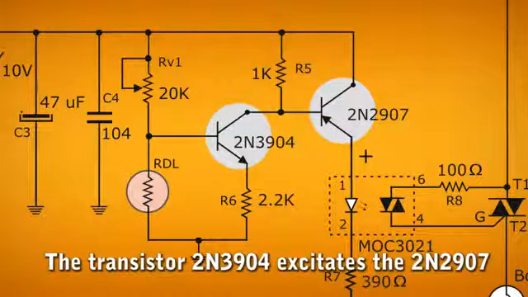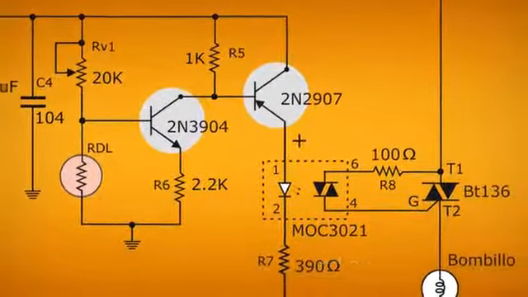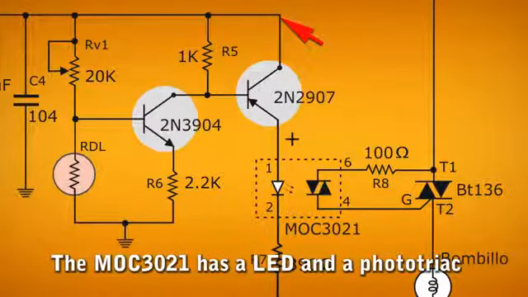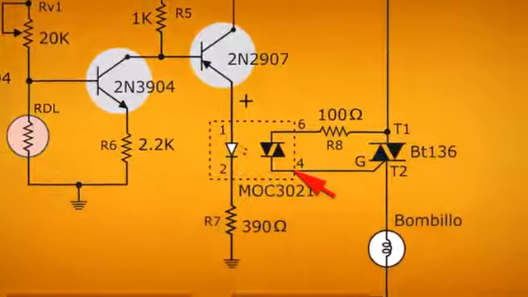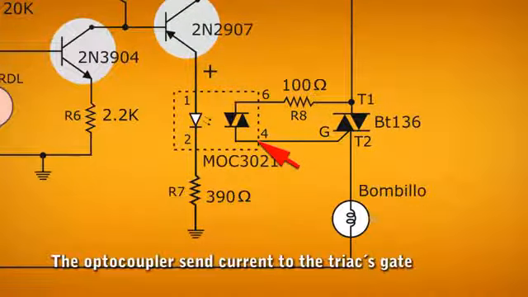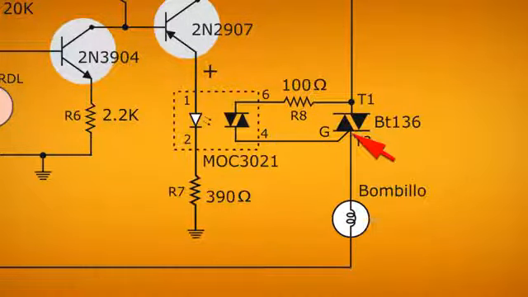This means it conducts when a negative voltage arrives at its base. When the 2N2907 transistor conducts, it passes a positive voltage from collector to emitter and reaches the optocoupler. The LED inside lights up, triggering the phototriac, which is between pins 4 and 6 of the optocoupler. The phototriac conducts between pins 4 and 6, sending a current to the gate of triac BT136.